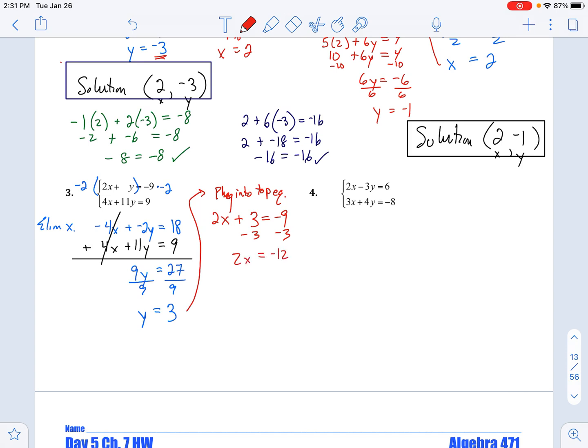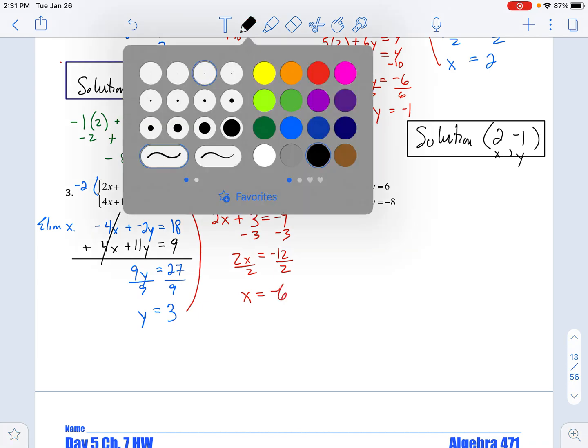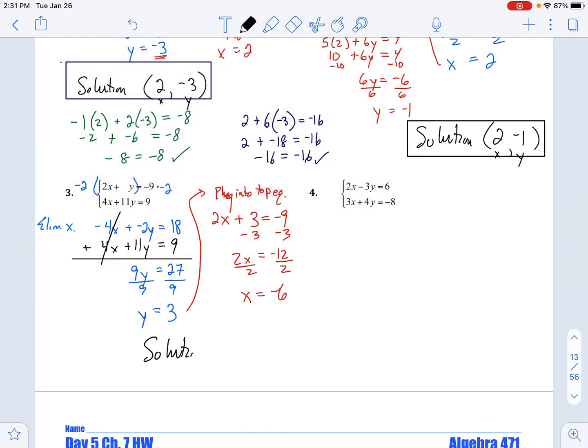Subtract 3, 2x is equal to -12. Divide by 2, x is equal to -6. When I write my solution, again, my solution is this ordered pair, which is -6, 3.